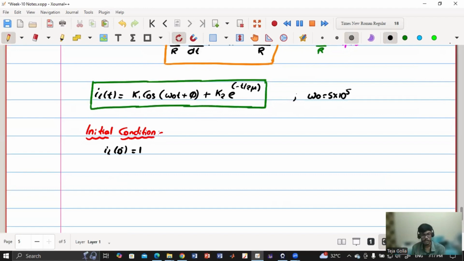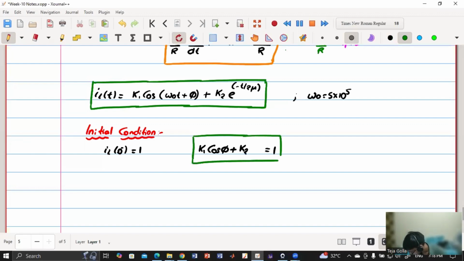Now can you tell me what we will get by substituting t equals 0? What will be the expression? K cos phi plus K2. Yes, you are right. So we will get K1 into cos phi plus K2 is equal to 1. This is one equation that we got.